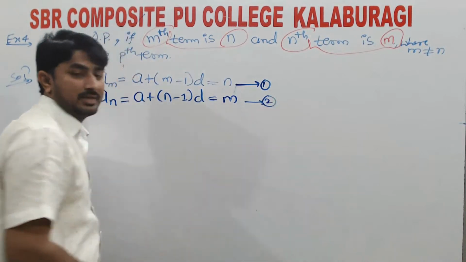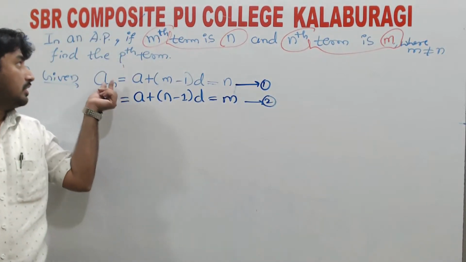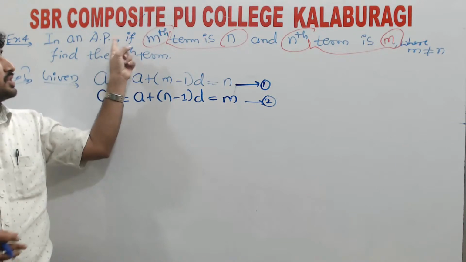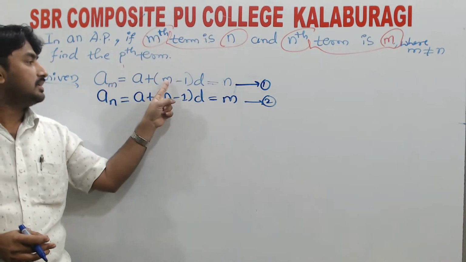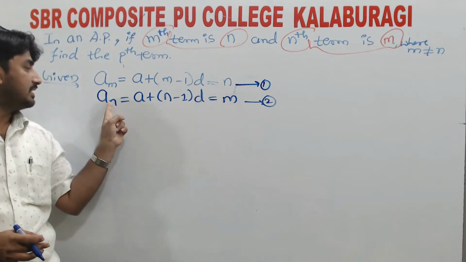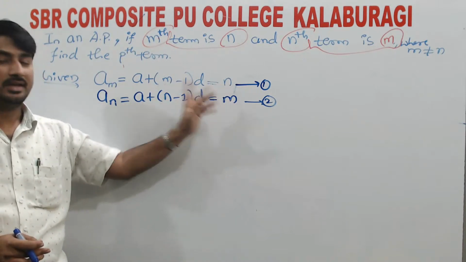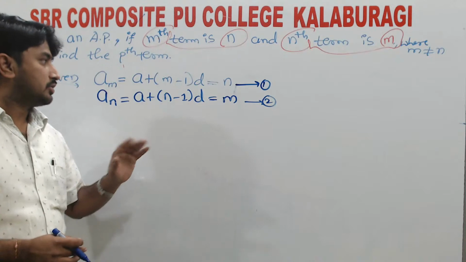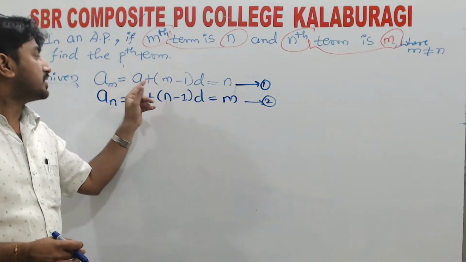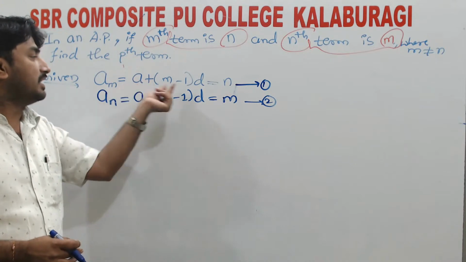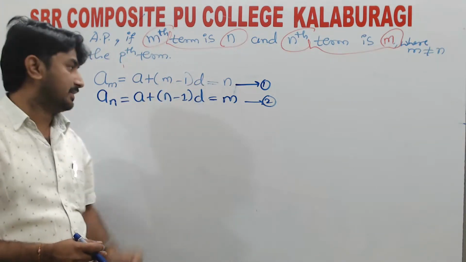I repeat once again: in the arithmetic progression, the mth term is n and the nth term is m. By using these two equations, I am first finding the value of a and the common difference d.